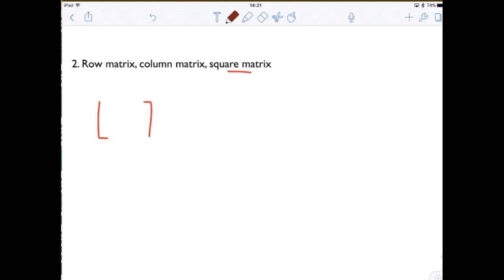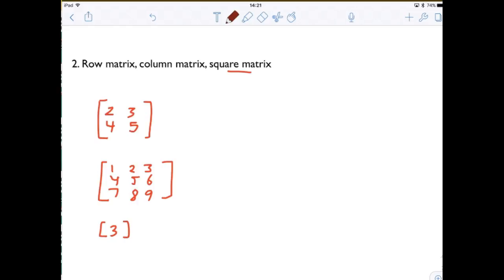You're going to have the same number of rows as you have columns. So this, for example, would be a square matrix. You could have a square matrix that is also 3 by 3, right? Or 4 by 4, or 5 by 5, or even 1 by 1. That's also a square matrix, okay? So that's a square matrix.